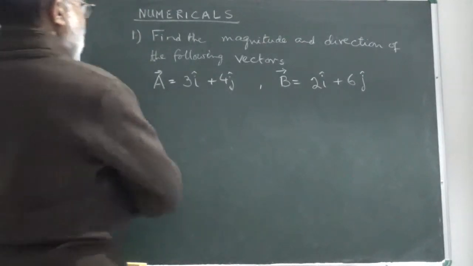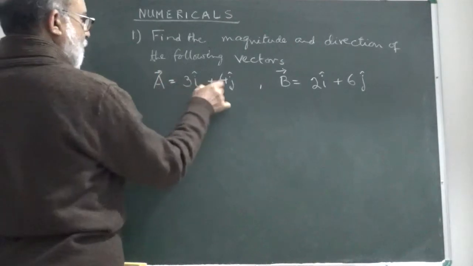So this is your vector A. You have to find the magnitude and direction of this and this.